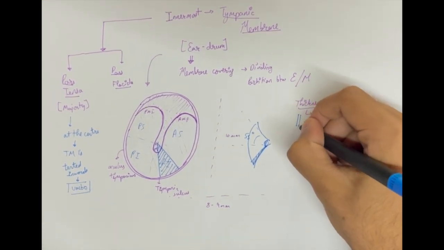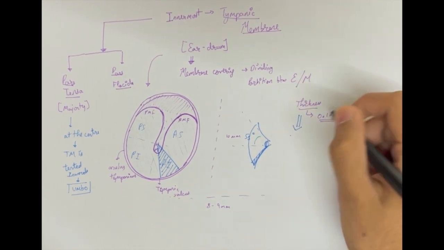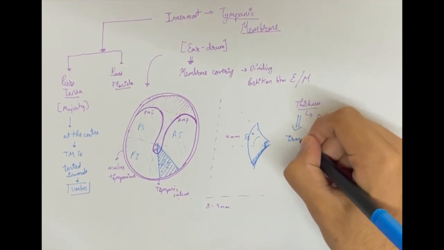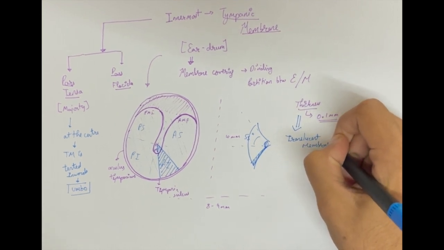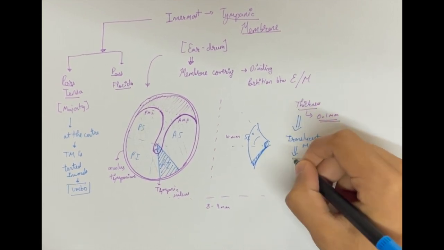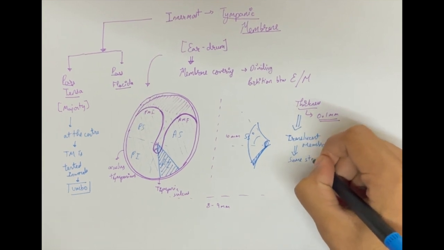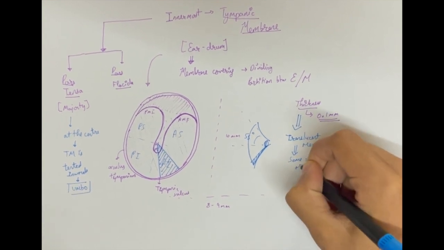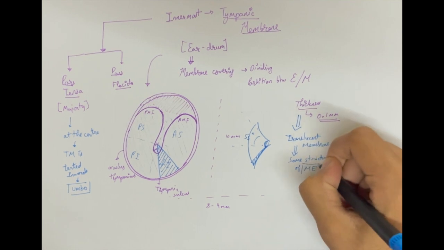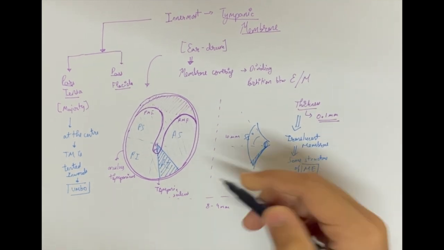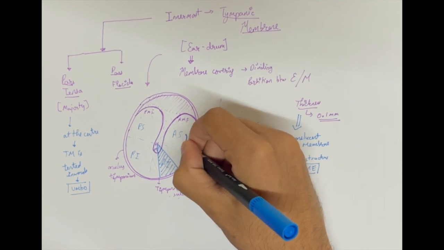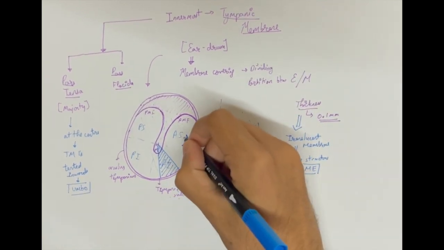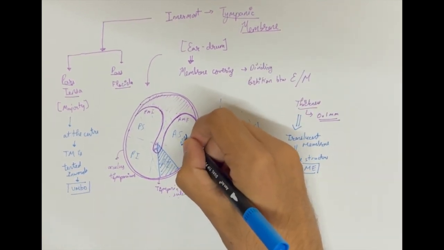A point to note is that the tympanic membrane is a very translucent membrane, so we will be able to see some structures of the middle ear. Firstly, in the anterior superior aspect, we'll see a shadow of the eustachian tube opening.